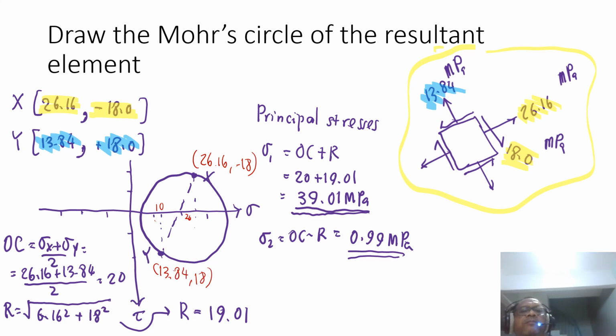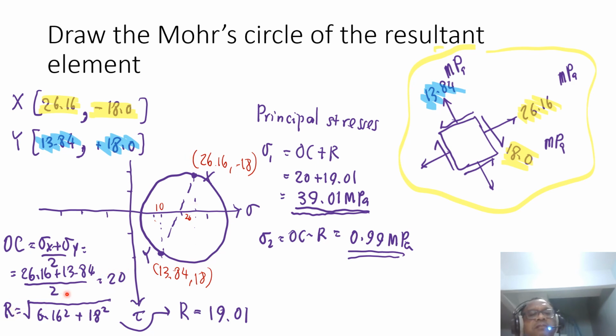Okay, so from there I can use this data to calculate the value of my OC. So OC equals the mean value of sigma x plus sigma y over 2: 26.16 plus 13.84, which is 40, divided by 2. So I have 20. And R can be calculated.